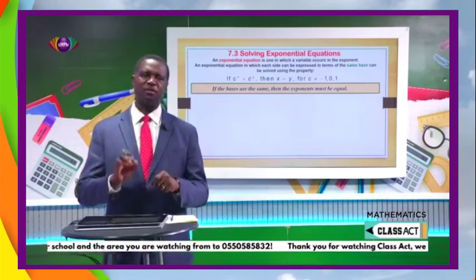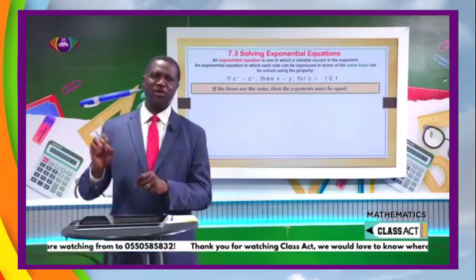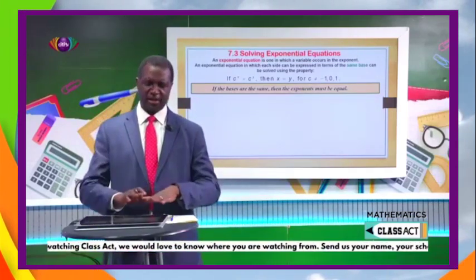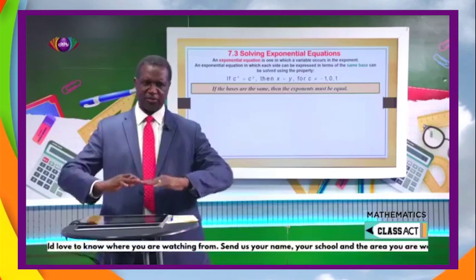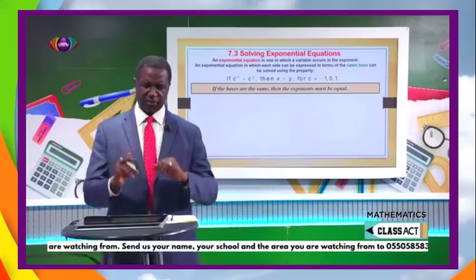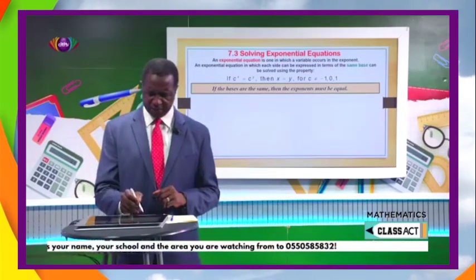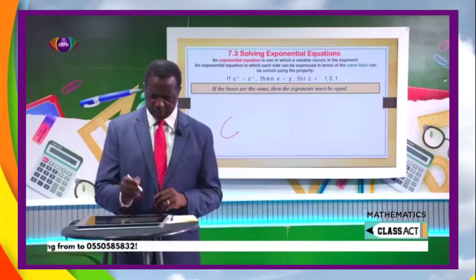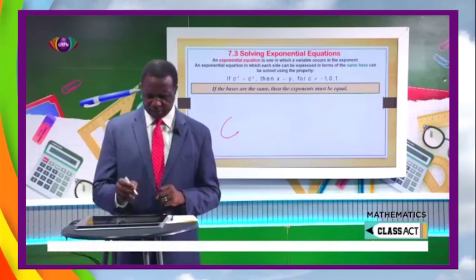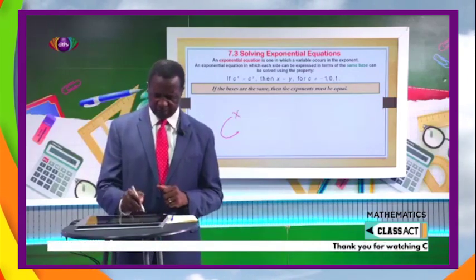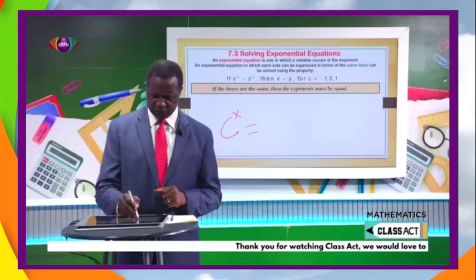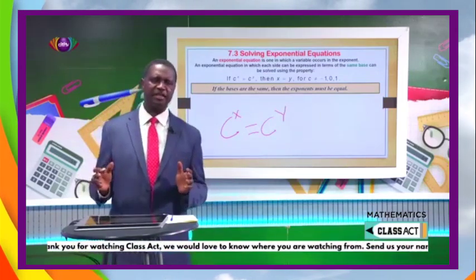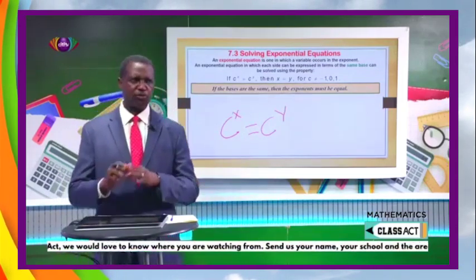So I can't have c to the power of x equals a to the power of b and ask you to solve. No, the base, the number at the bottom, has to be the same. So if I have c to the power of x equals c to the power of y, all that I'm saying is that x equals y.